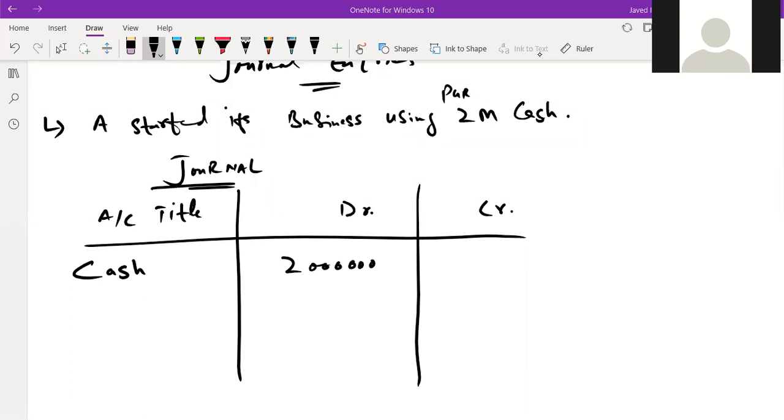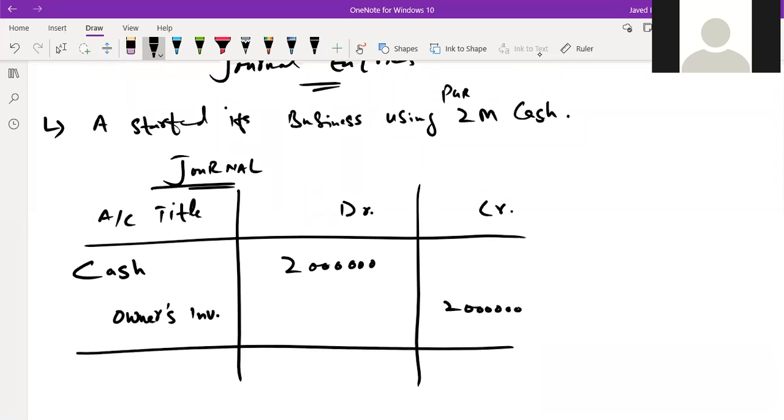So your cash will be debited with 2 million, and your owner's investment will be credited with 2 million. That will be the transaction for this one.